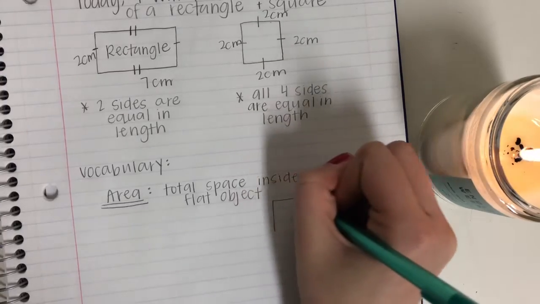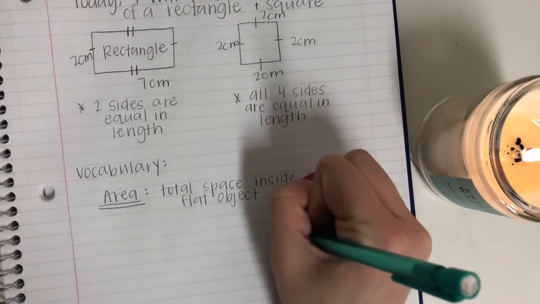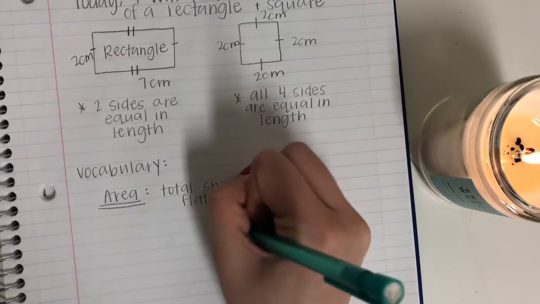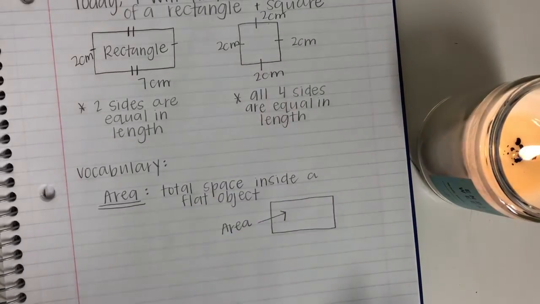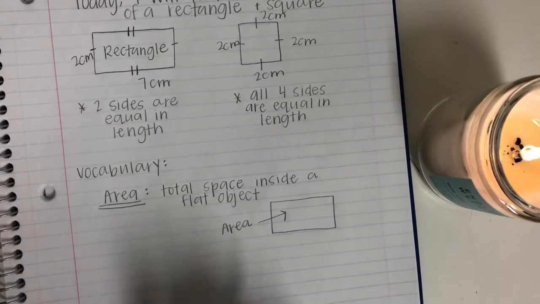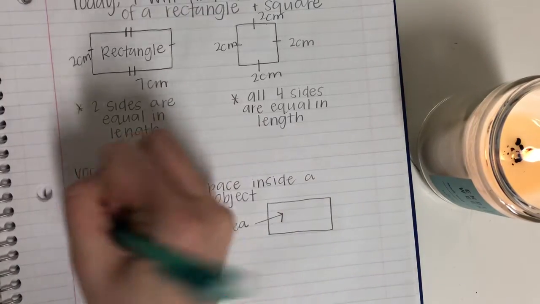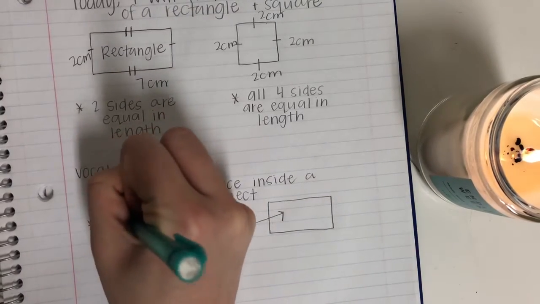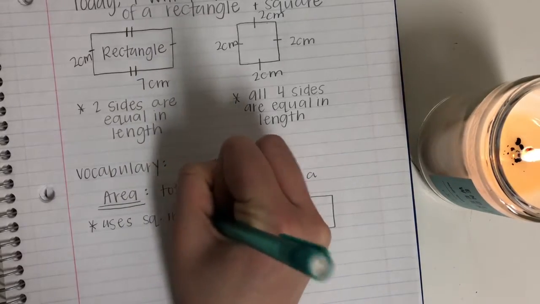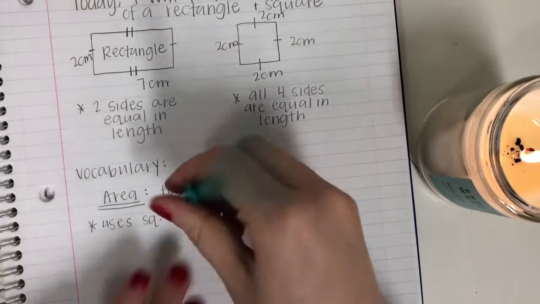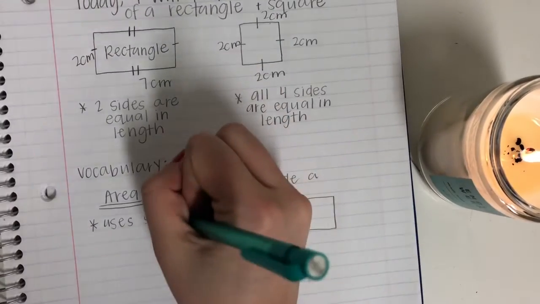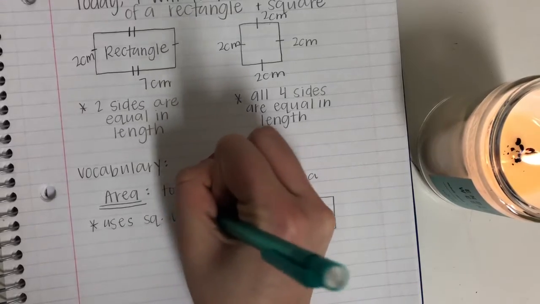So let's just say we drew a rectangle. All of this space inside is what we call the area. Okay, so everything that fills in that space is the area. It uses squared units of measure.